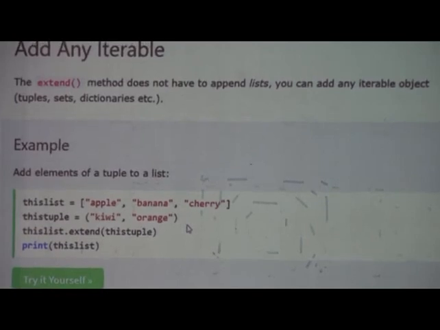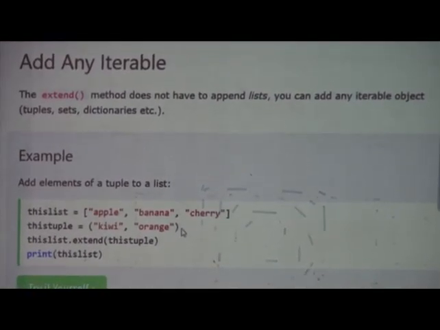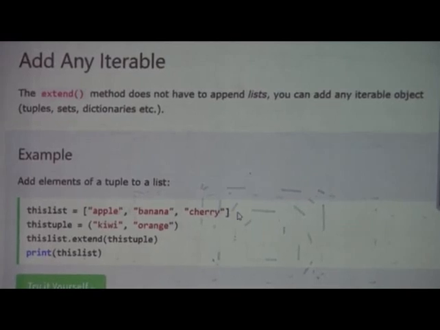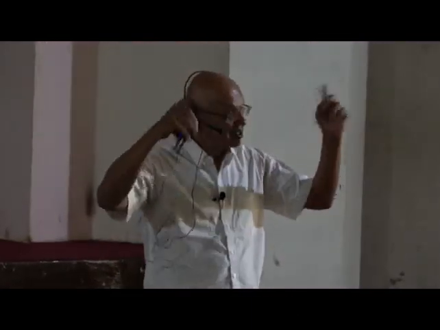Okay. Add any iterable. So extend is with any iterable. Now I want you to grasp the nuance. This list is a list. The square bracket makes it a list. This tuple is a tuple. The parentheses make it a tuple. Tuple always has parentheses, and flower brackets is dictionary.